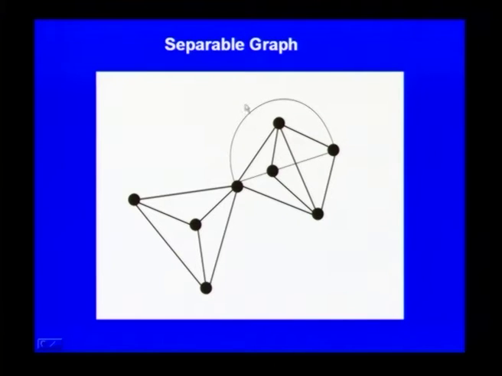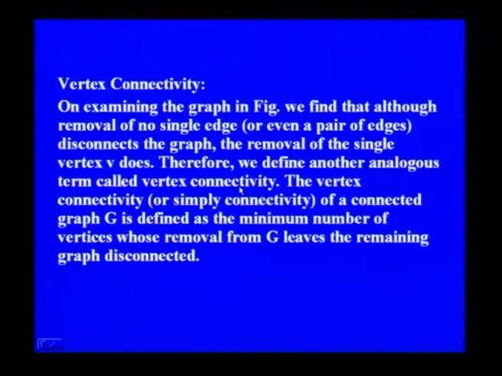Here, if you remove these 4 edges, it may become disconnected, and so on. But removing just one edge will not leave the graph disconnected. But if you remove this vertex, it will become disconnected. We find that although removal of no single edge disconnects the graph, the removal of the single vertex V does.